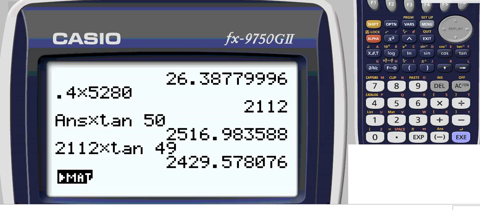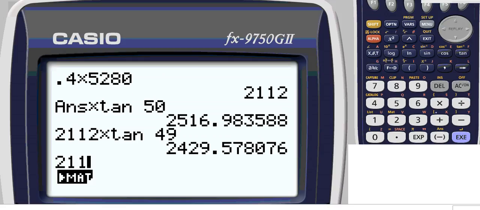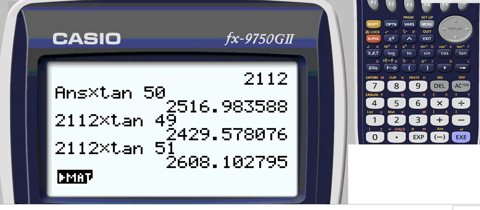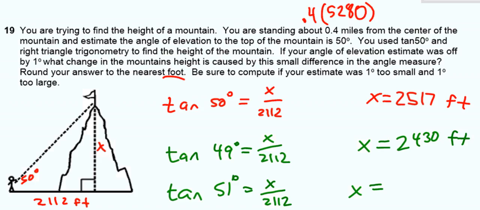And if we do that same thing, but with tangent 51, we get 2608. So there's our three different measurements, if it was 50 degrees, or if we were off by 1 degree in either direction.